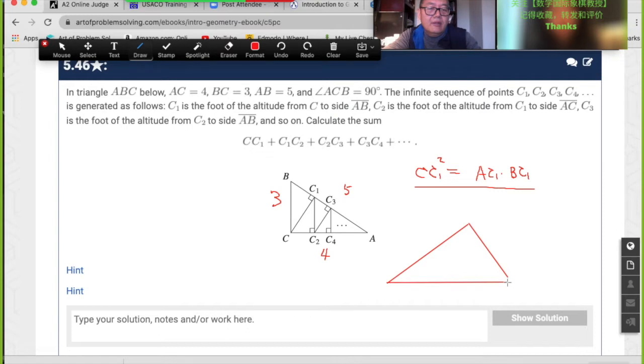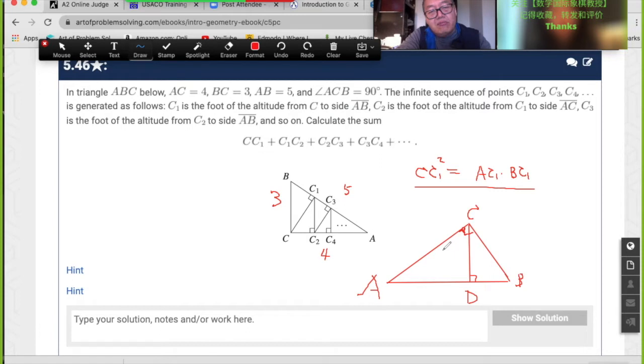Then if you draw the vertical line here, suppose this one is A, B, C. This angle C is 90 degrees. Then this one is 90 degrees. This is D. Now, remember I told you, this is a very important diagram you need to memorize.